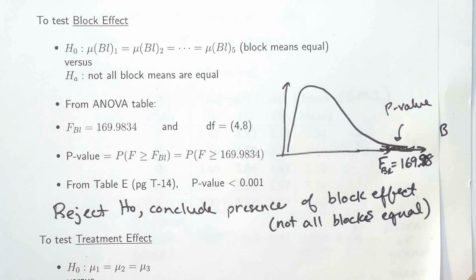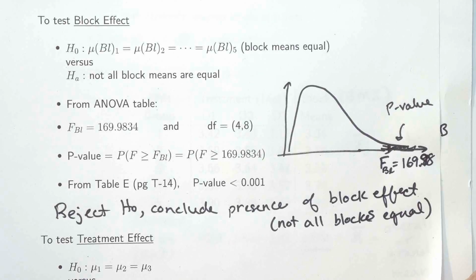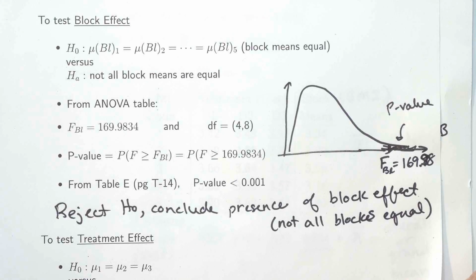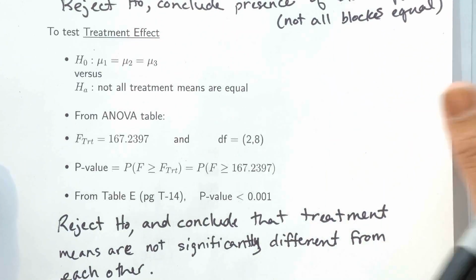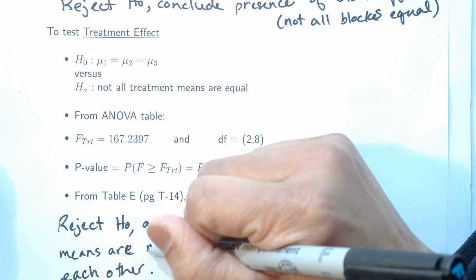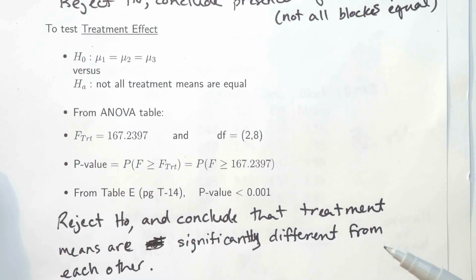Here we found that there was a block effect, which isn't surprising because we did the blocking because we had this idea that BMI would affect the amount of weight lost. And then we also had this test on the treatment effect.